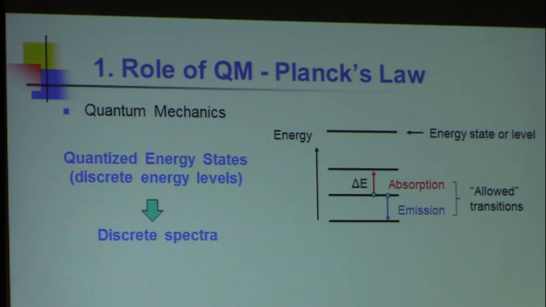Quantum mechanics imposes that energy levels are quantized and that only some energy levels can talk to each other. That simplifies things quite a bit, but we just accept this. Because these energy states are quantized, the spectrum that we observe is a discrete spectrum. We'll only see lines at certain places. We'll call them lines. Those are the so-called allowed transitions.